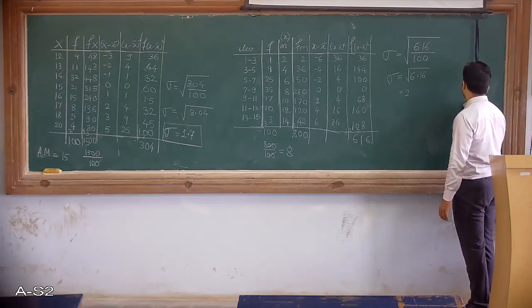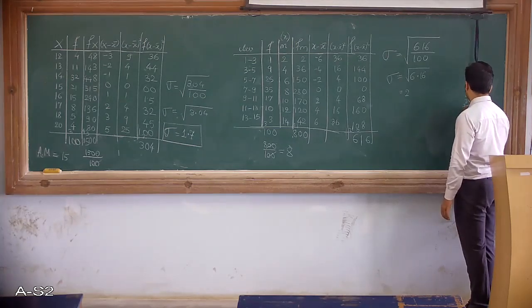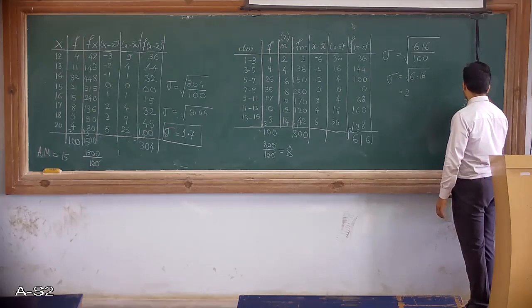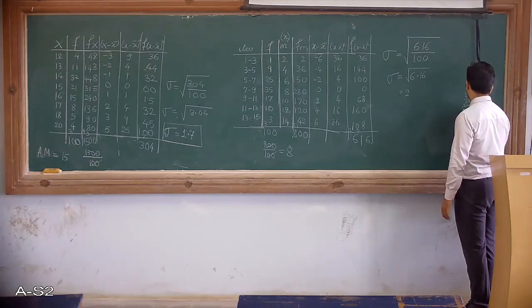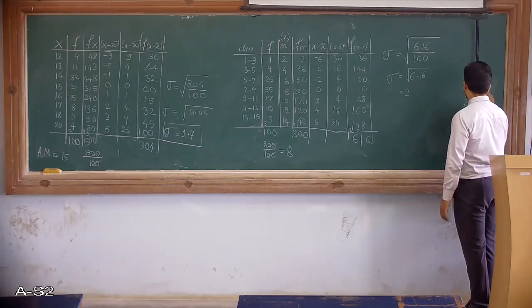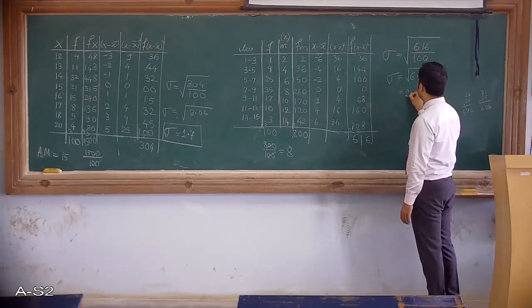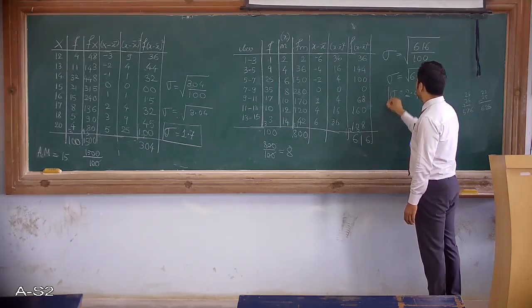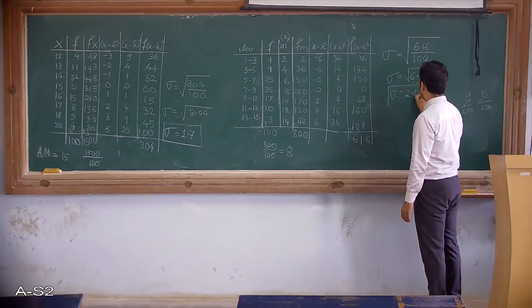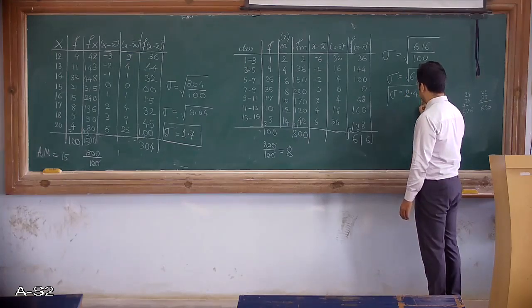So let me calculate. It gives me 2.4 as the value of standard deviation for this data set.